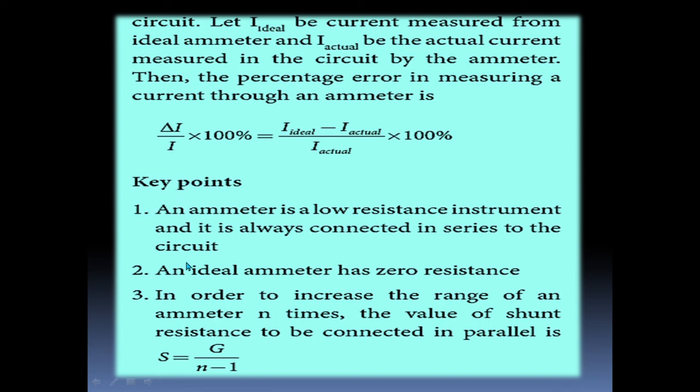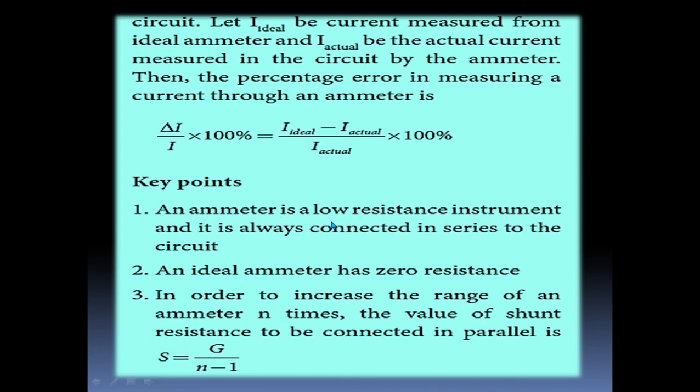These key points are very, very important for the galvanometer converted into an ammeter. First point, an ammeter is a low resistance instrument and it is always connected in series to the circuit. Second point, an ideal ammeter has zero resistance.